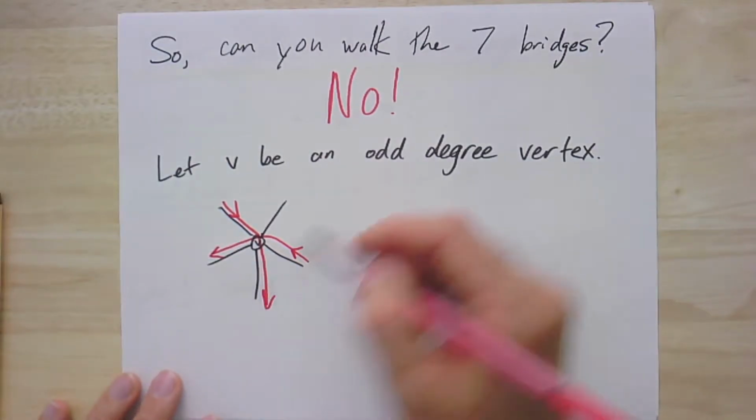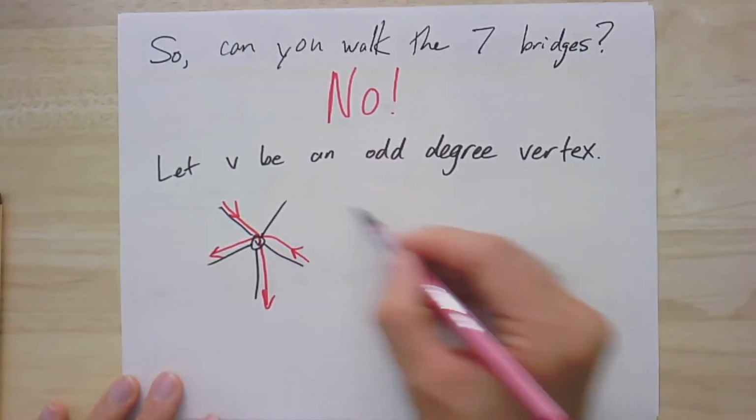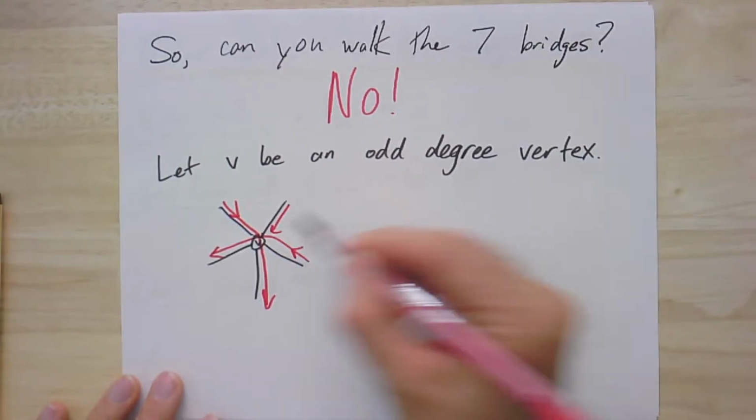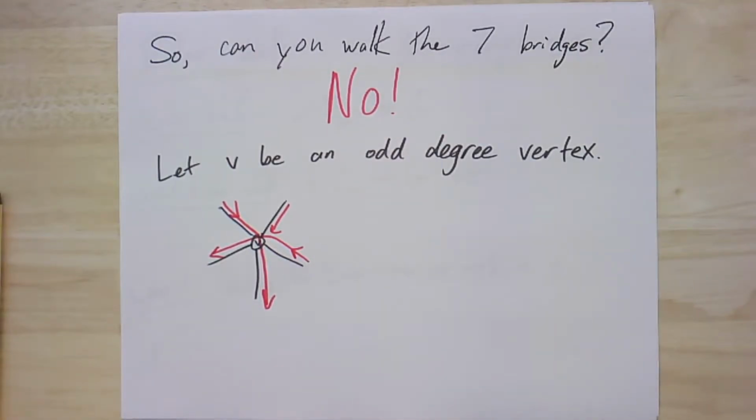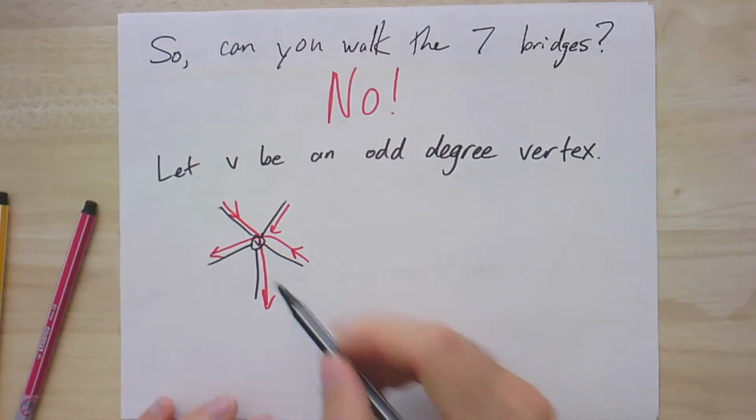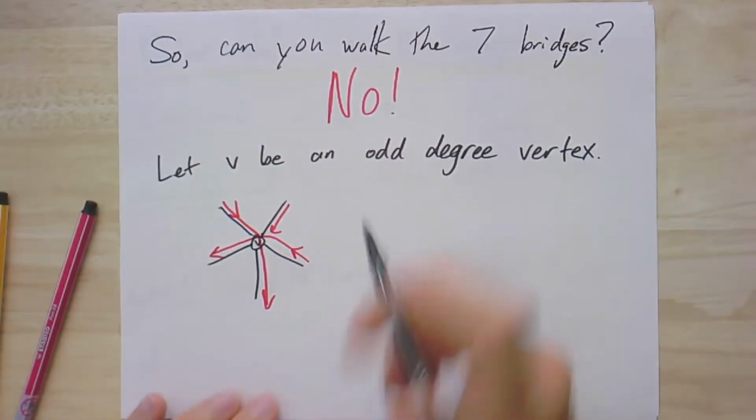But this also means that if I ever come back and use this last edge, I have to come in from the outside and I have to stay there. Which means that if I didn't start at this vertex, then I have to end at it.